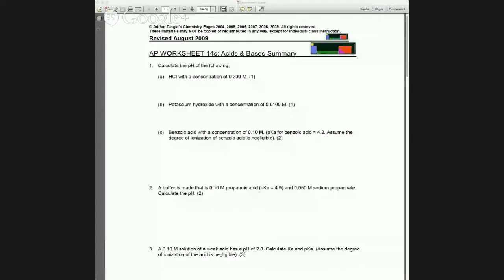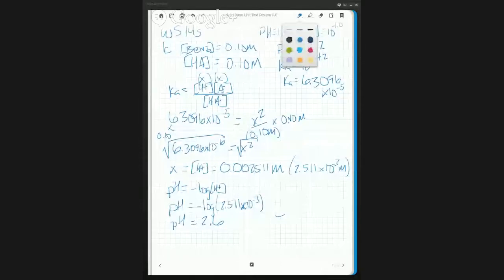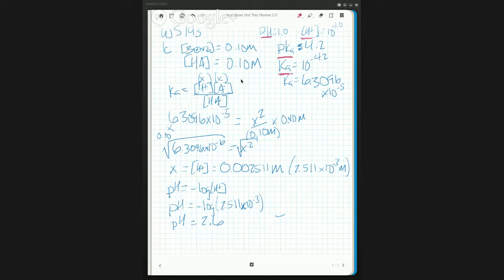Actually, let me go back to the bamboo tablet really quick, because we're talking about the interrelation of these different things. So basically, what we've just covered is how pKa and Ka are related, or pH and the H plus. And right here, the Ka and the H plus.